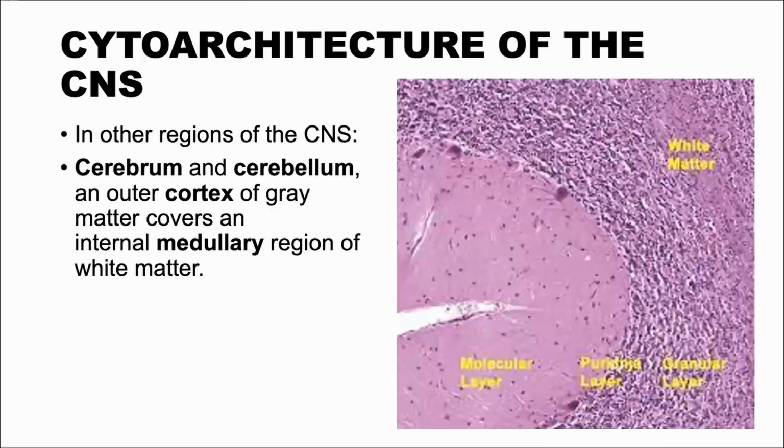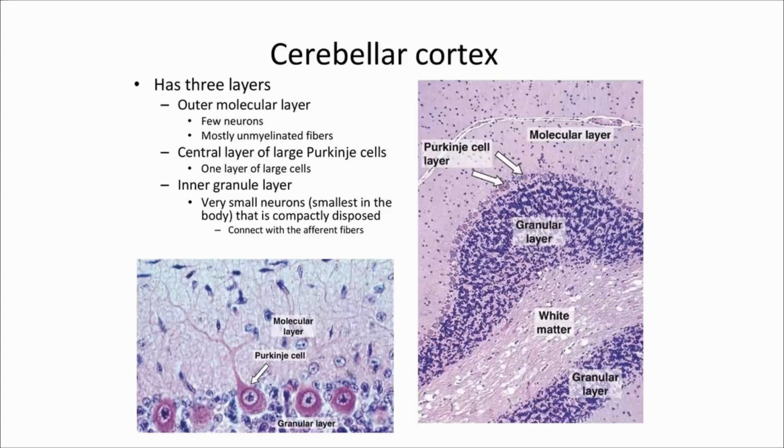This is looking at the cerebellum, showing the arrangement of white matter as well as gray matter. The white matter is a bit more on the external region here. And there are different layers: a molecular layer, a Purkinje cell layer because of the different types of cells that are there, and the inner granular layer based on what it looks like.